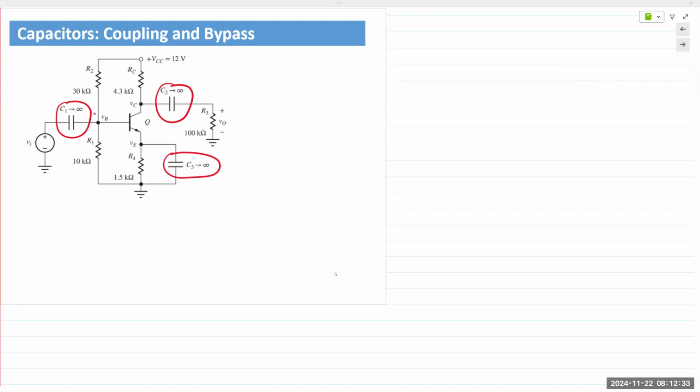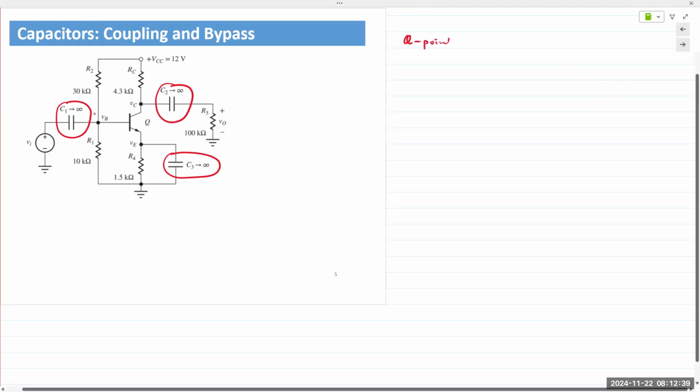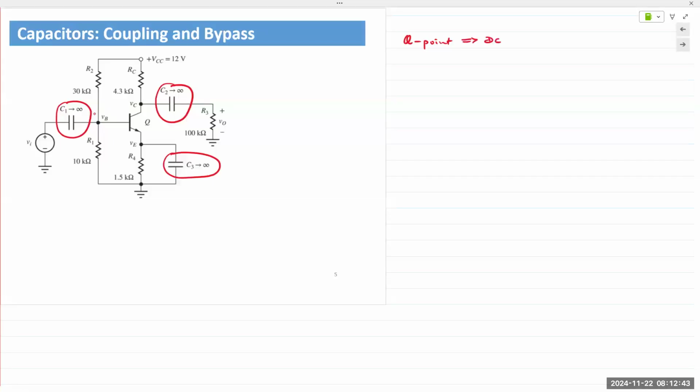Then we are fixing the Q point. We are fixing or setting the Q point with the applied DC voltages, right? And that's the purpose of the DC biasing voltages.